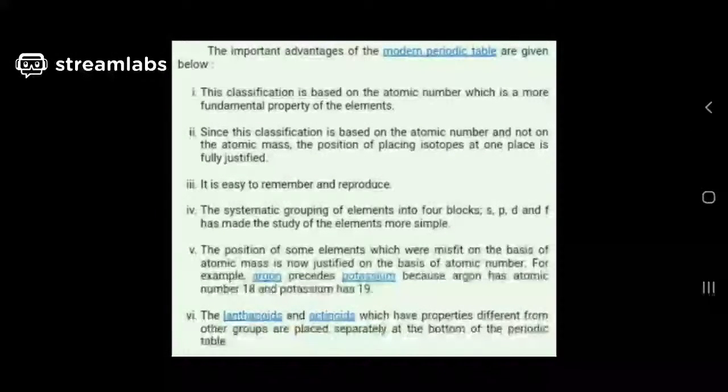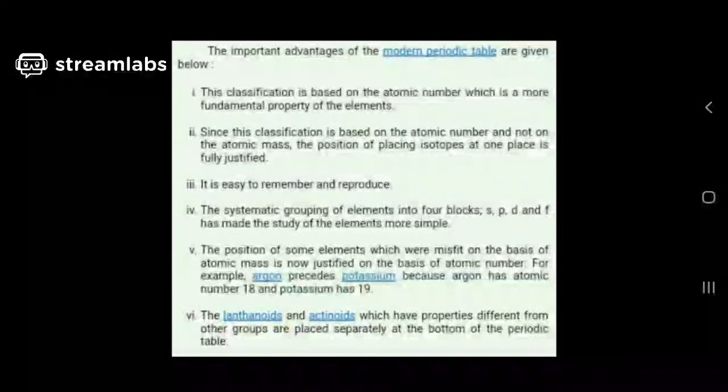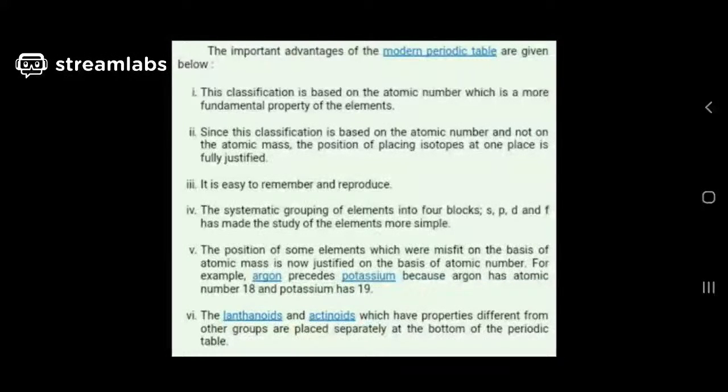He classified the elements into 4 blocks: S, P, D, F.